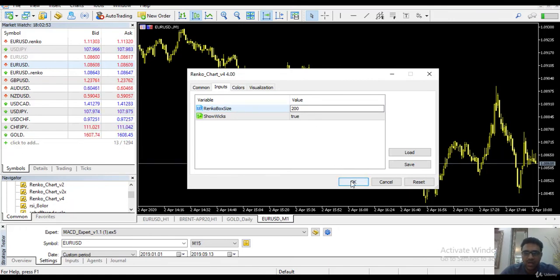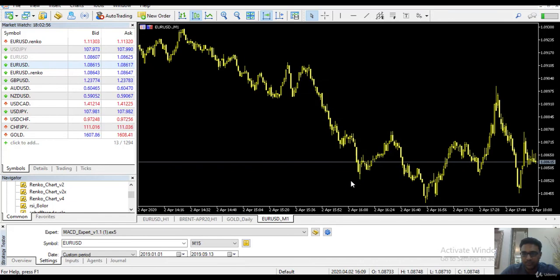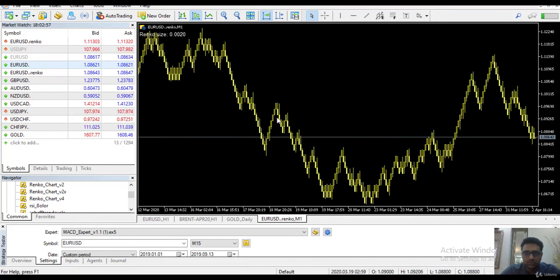Let's look at how this comes out. So this is one brick representing 200 points, and now you can see an even clearer picture. There are very few ranges, and 80 to 90% of the time it seems the chart is in trend.